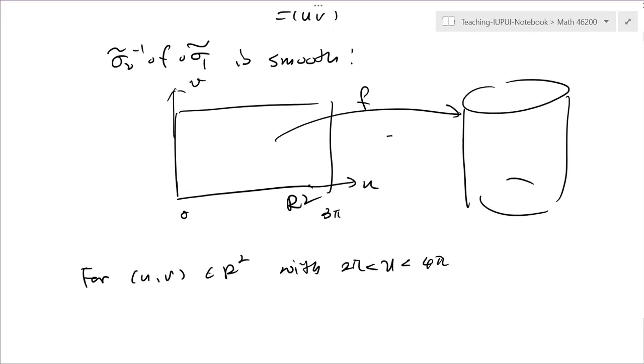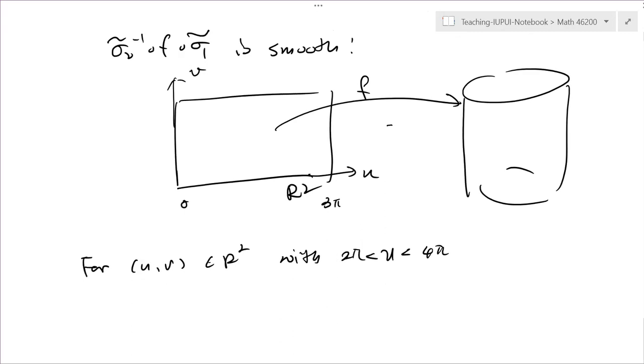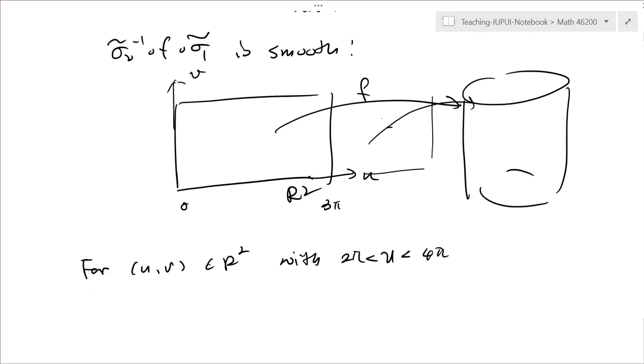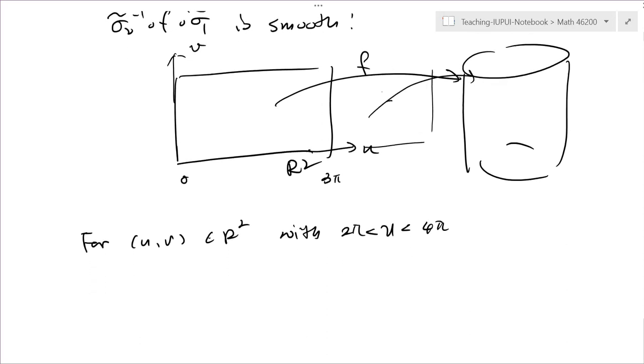In that case, your sigma has to start from here, right? It's defined, right? Then the only difference here is, I think, let me give you one example.